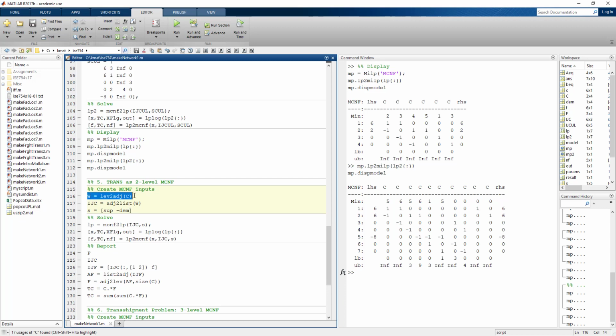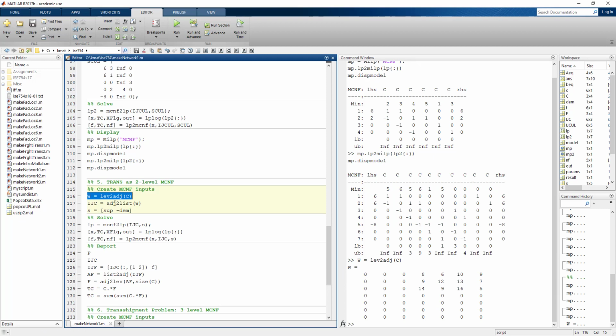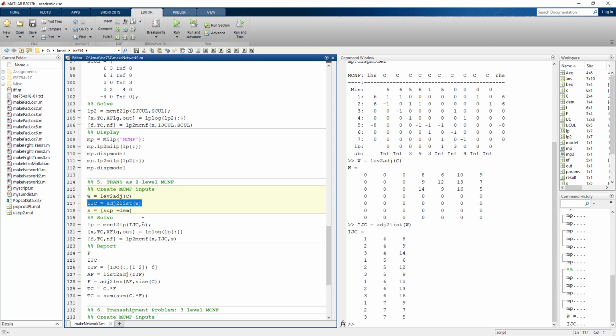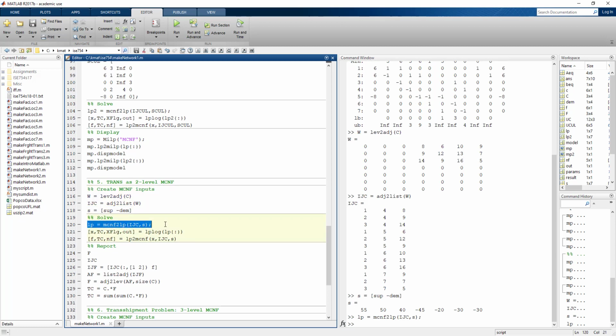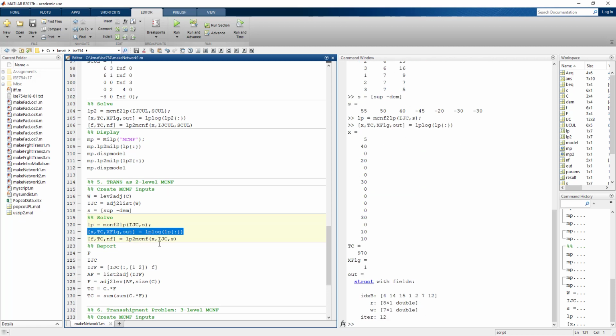So the first step is to create the adjacency matrix, convert that to an arc list representation, and then to take the supply and demands and turn it into a net node supply vector by taking a negative of the demands. And then we can solve it by first converting to a linear program, and then we're solving the linear programming problem.